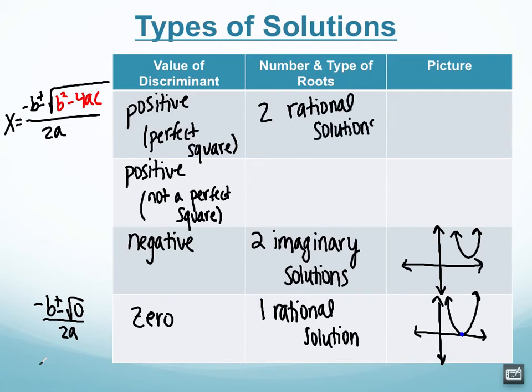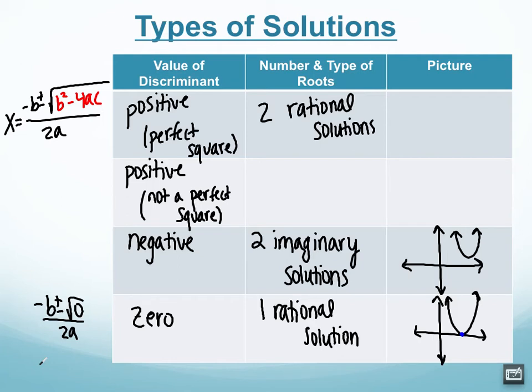So again, that just means fraction, but not a not perfect square root. So, example of these is if your discriminant was 4, 16, 9.